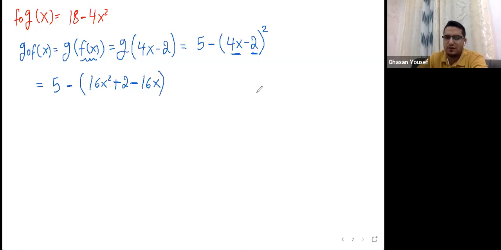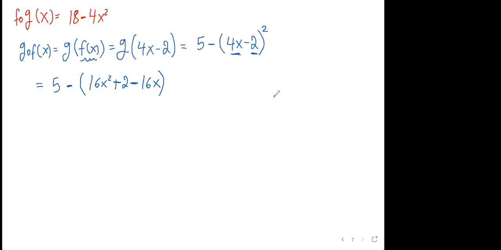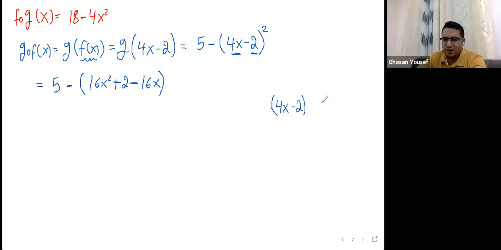Or if a student doesn't know the formula for the square, we can just multiply this out. So 4x minus 2 squared is equal to 4x minus 2 times 4x minus 2. As Chris said, we multiply 4x with everything inside the parentheses, then multiply the other term by everything inside the parentheses.